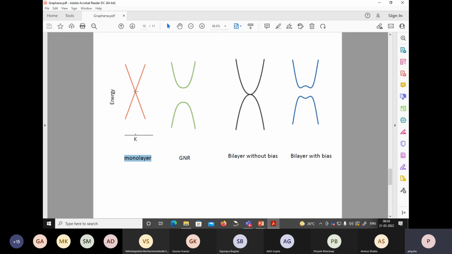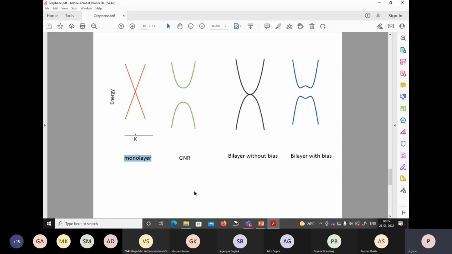If you use several layers, then graphene starts showing some band gap. You can dope graphene, or you can use strain in the graphene layer to create some band gap, which is important, as I said, to realize electronic devices.